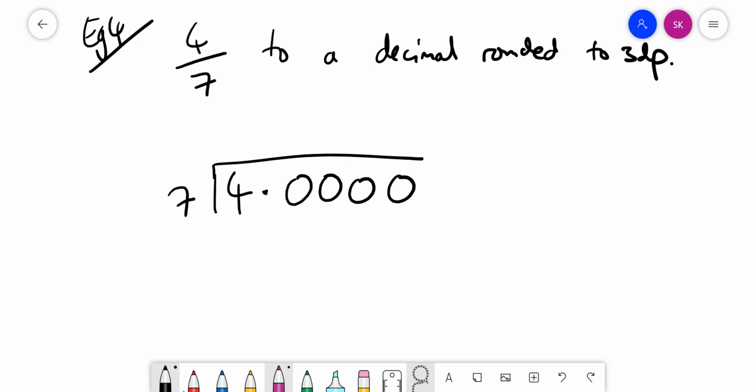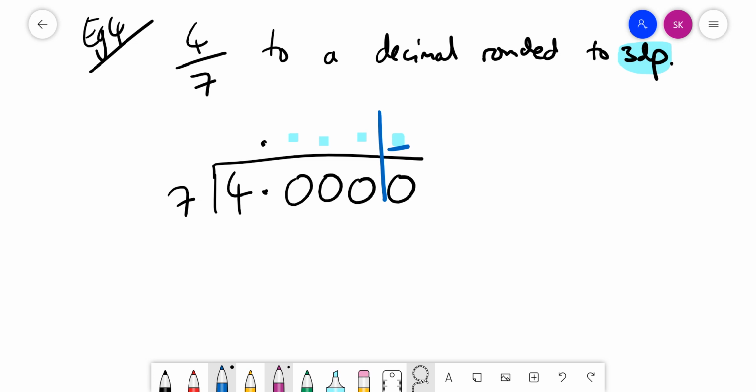How do you think I know that I need to put 4 zeros down? It's because you're being asked to round to 3 decimal places. So when you figure out the first 3 digits after the decimal point, you also need to figure out the fourth one so you know whether or not to round up or down, because the fourth one is the decider.